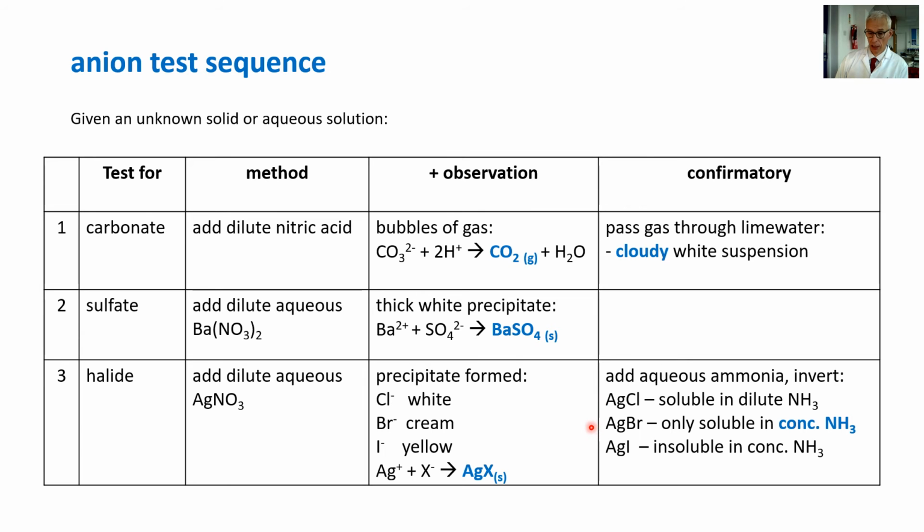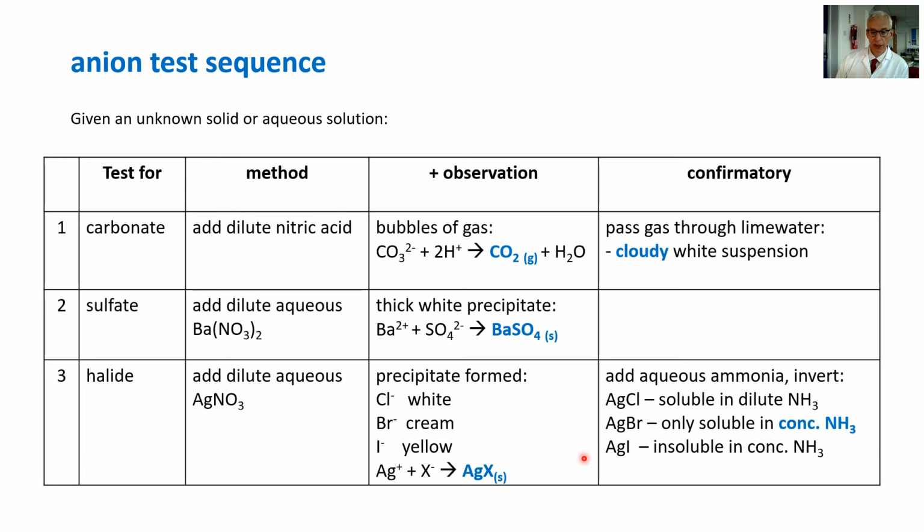If the precipitate is insoluble in dilute ammonia but soluble in concentrated ammonia, hazardous by the way, then you have a bromide present. If the precipitate is insoluble in dilute and concentrated ammonia, then that means you have silver iodide, so the halide present is the iodide.